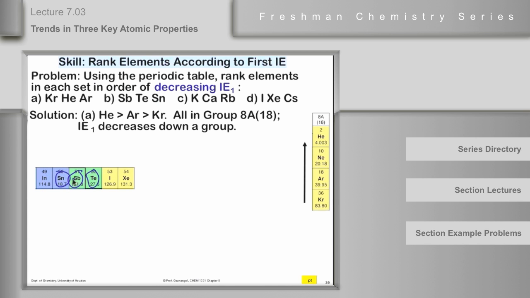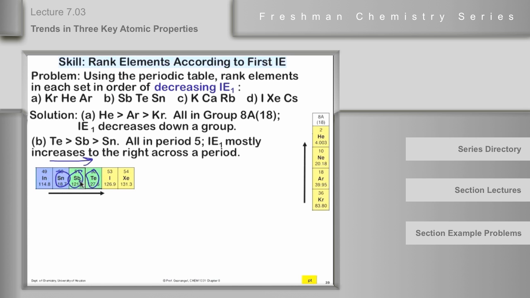The trend here in ionization energy is that it increases this direction. The tellurium ought to have the highest ionization energy. Right? So tellurium should be greater than antimony, and antimony ought to be greater than tin. That's how we do that one.